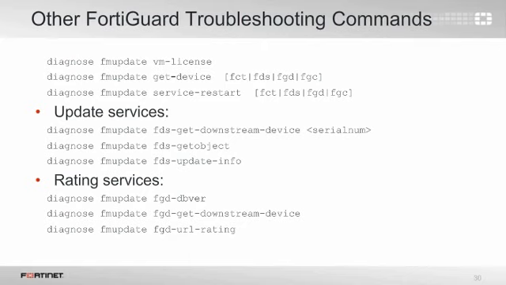Diagnose fmupdate fgd get downstream device gets information on all downstream FortiGate web filter and anti-spam devices. And diagnose fmupdate fgd url rating rates a URL.